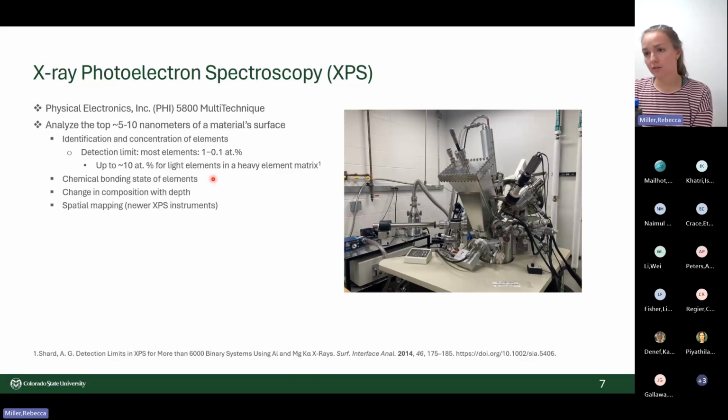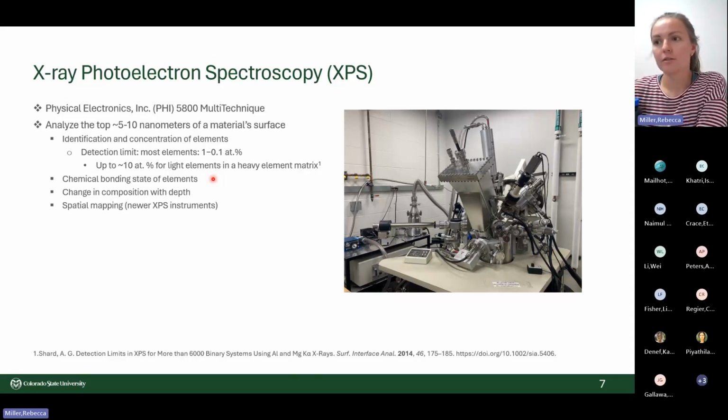Then, if you scan at high energy resolution, you can assess the chemical bonding state of those atoms on the surface. So, what their nearest neighbors are basically, in terms of electronegativity. That's kind of a rough explanation.